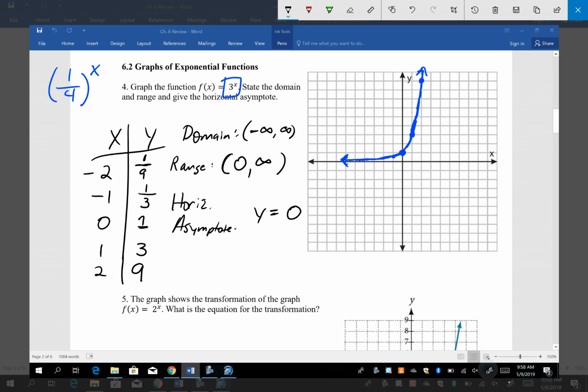Be careful, though. Most of the time, yes, but what if the fraction was 5/3? That's actually above 1, so that would still be growth. So don't assume it's always decay if it's a fraction. It will be most of the time, but just be careful. Dina.